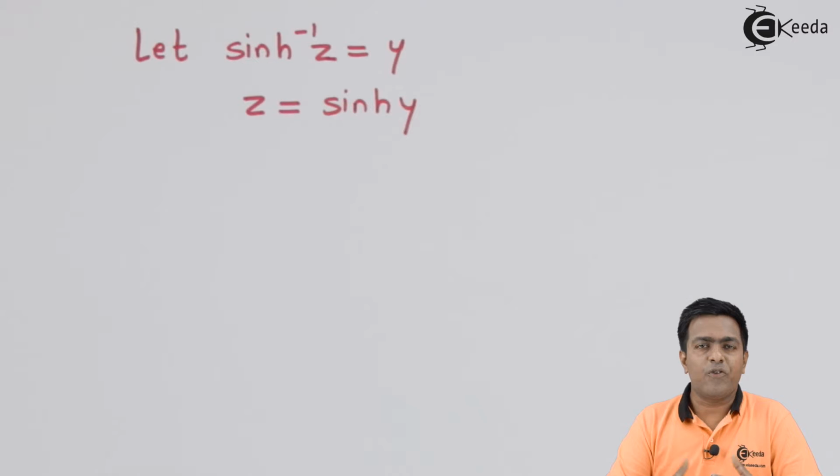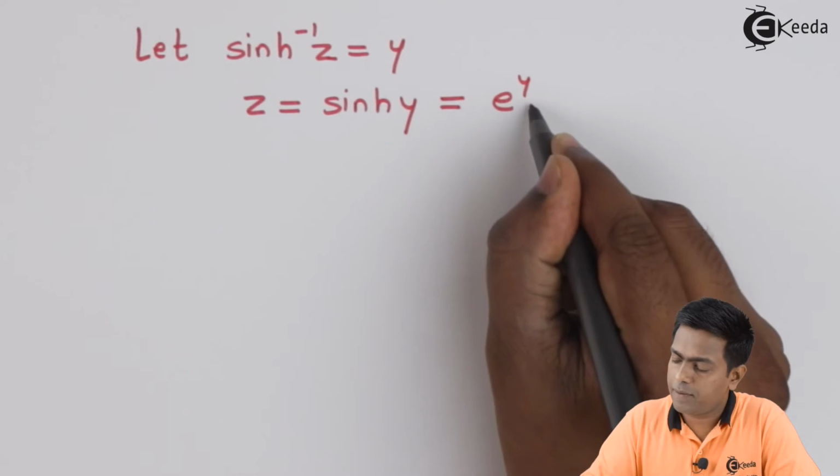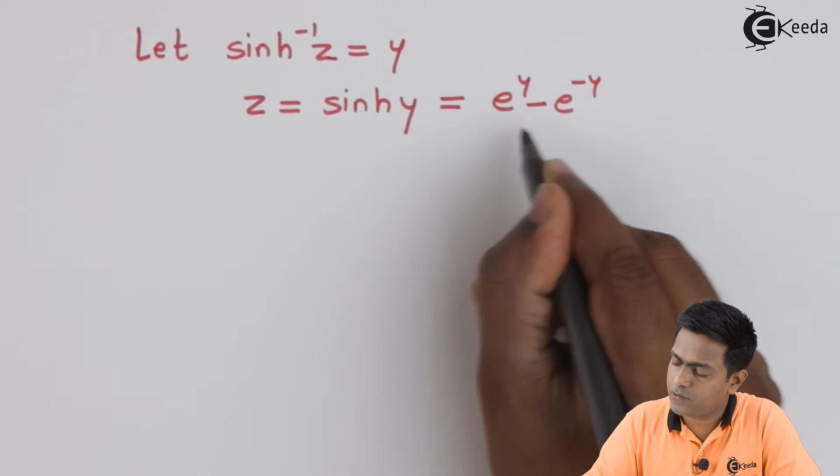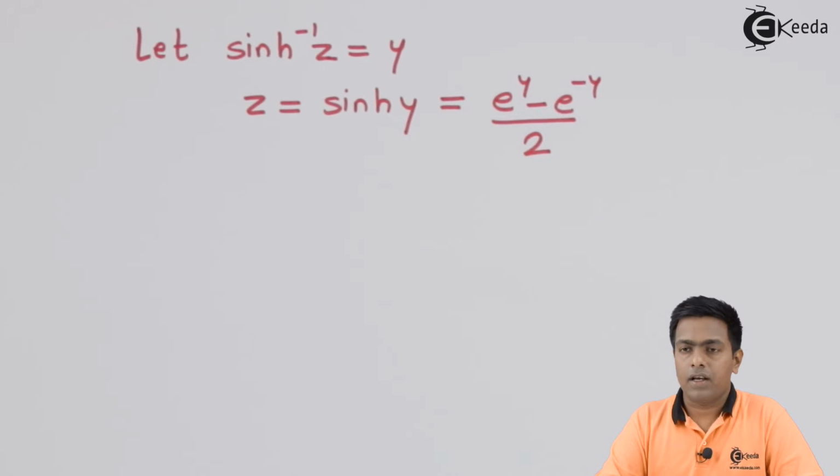Now guys, we know the value of hyperbolic sine of y in terms of the exponential function. That is nothing but Euler's formula. It is e to the power y minus e to the power minus y upon 2. Why am I using this formula?